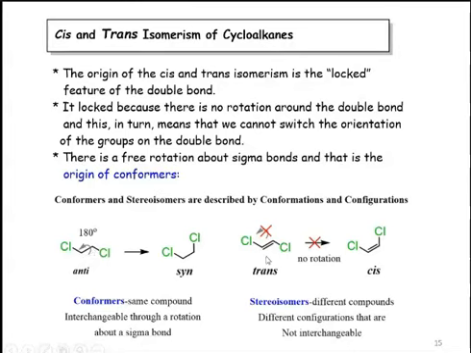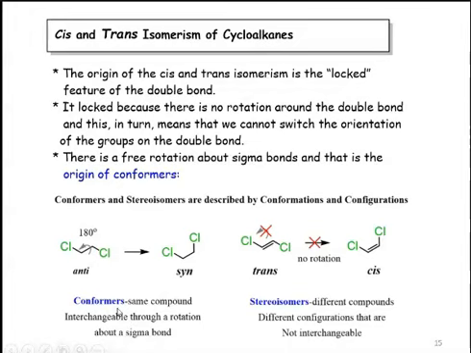When there is a double bond, we call it a pi bond. If there is a sigma bond, then there is the possibility of free rotation. If we rotate it by 180 degrees, what will happen? The chlorine atom which is facing downward will face up, and we can get a structure like this. If both the chlorine atoms are lying opposite to each other, we call that orientation or that conformer the anti conformer, and this conformer the syn conformer.